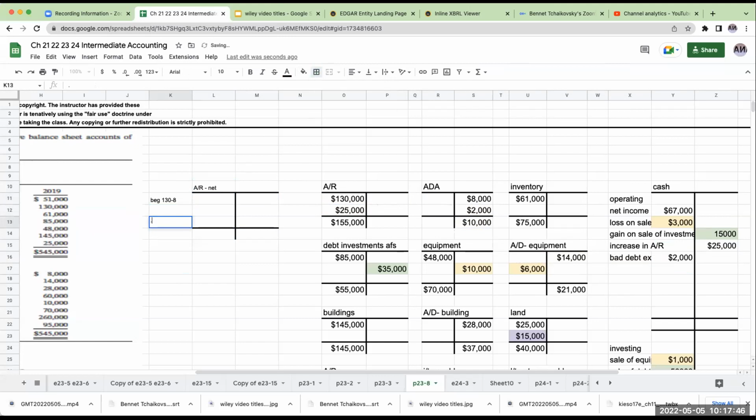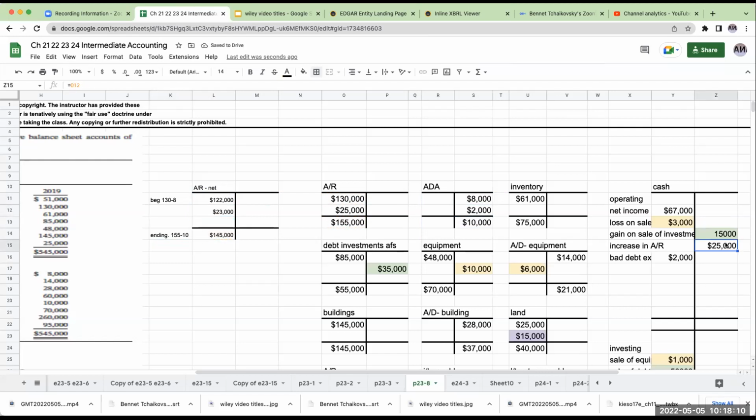And then my ending is going to be 155 minus 10, or 145. My beginning is over here. And so to balance this, I basically need 23,000.